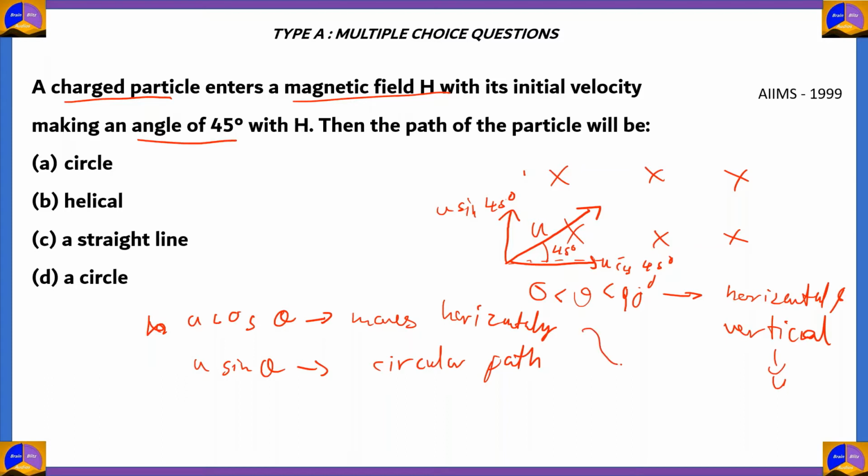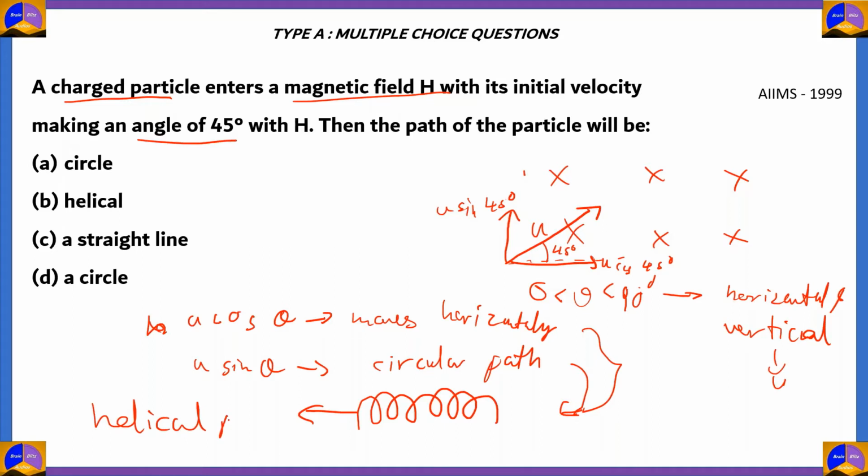So when both of these combine together, we get a path something like this. And this is called the helical path. And that's why option B is the right option. Options A and D are incorrect because these two happen when theta is equal to 90 degrees. And a straight line happens when theta is equal to 0 degrees.